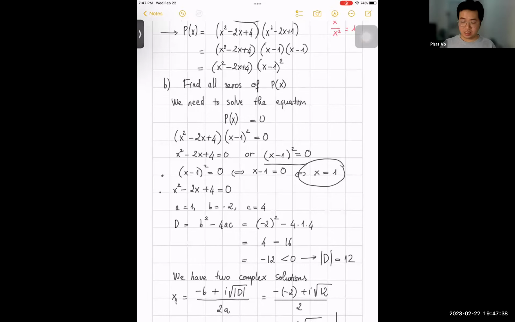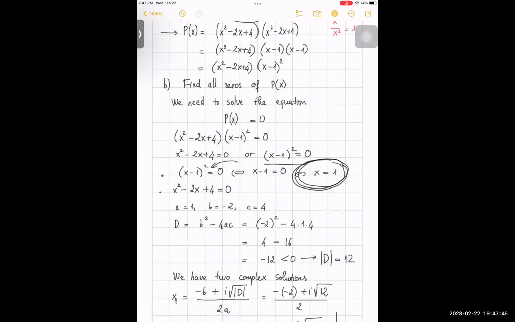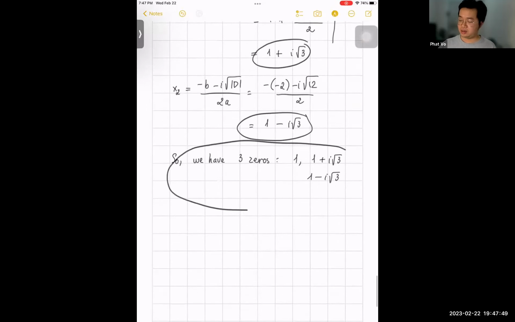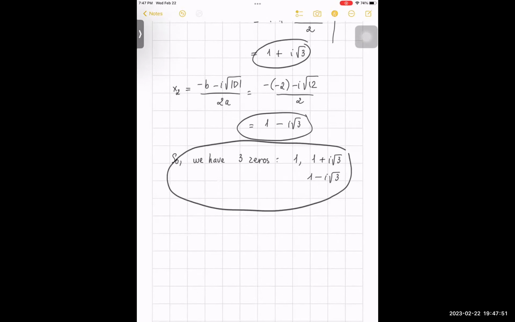Yeah, one is a zero of this polynomial. Okay, so we have 3 zeros after that. Yeah, 3 zeros. This is the conclusion. You have 3 zeros now. Just making sure. Okay, that is the 3 zeros we need to find. Thank you. Okay, any questions, guys?